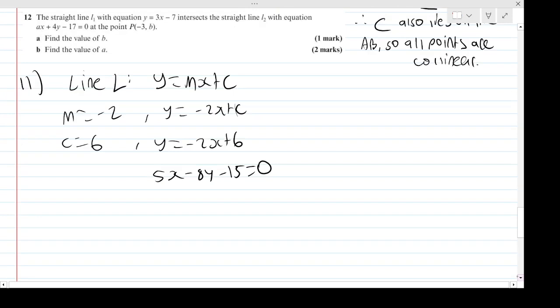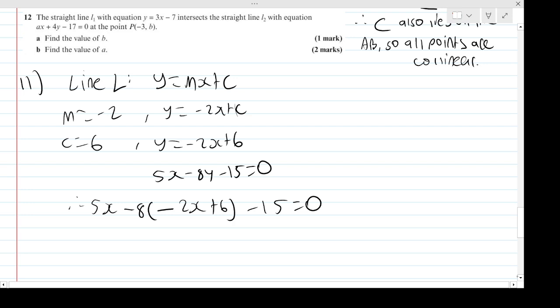So I'm going to substitute, because this first equation is already rearranged for y, I can substitute that y into the y here, okay? So therefore, 5x plus minus 8, and then I'm going to substitute the y in from the other equation. So it's minus 2x plus 6, minus 15 equals 0.